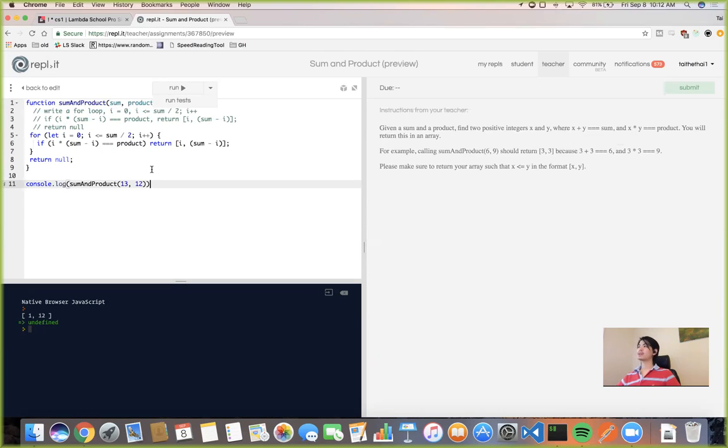Yeah, Antonio basically wrote my solution just a bit longer. Does it not find 2 positive integers? Yeah, 1 times 12 is 12. 1 plus 12 is 13.